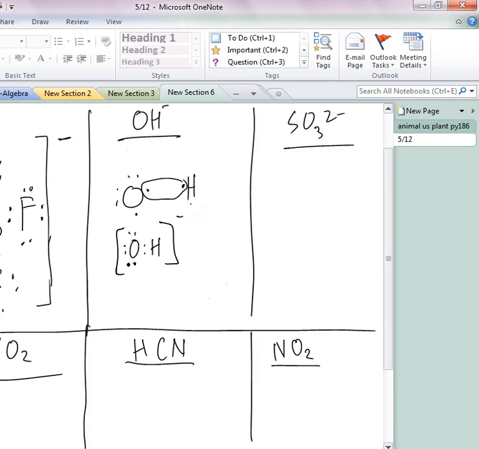Let's do SO3 2 minus. I'm going to put my sulfur down for this one. What does sulfur have? Sulfur has 6. 1, 2, 3, 4, 5, 6. I have 3 oxygens.